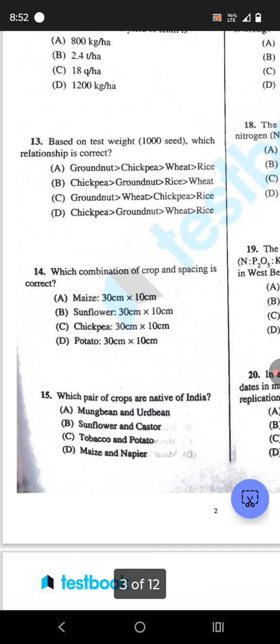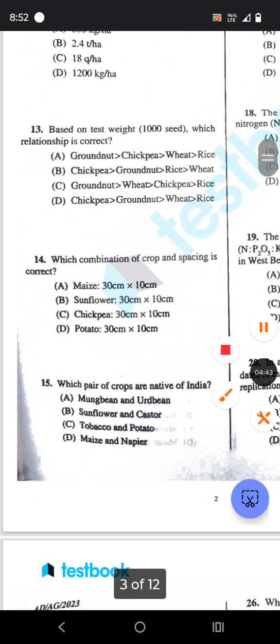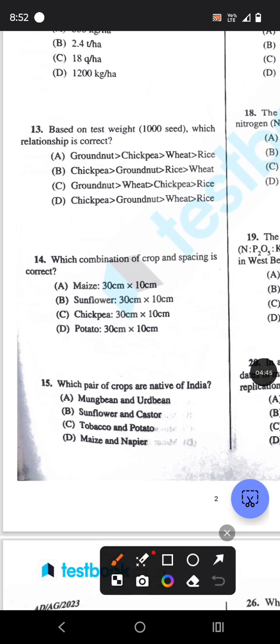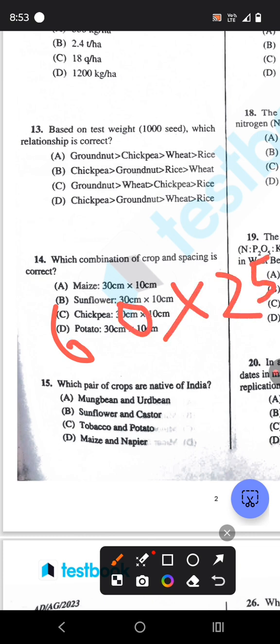Let's see another question. Maize, which combination of crop and spacing is correct? Option A is maize, that is not correct, that is false. The actual spacing of maize is 60 centimeter into 25 centimeter, so that is false.